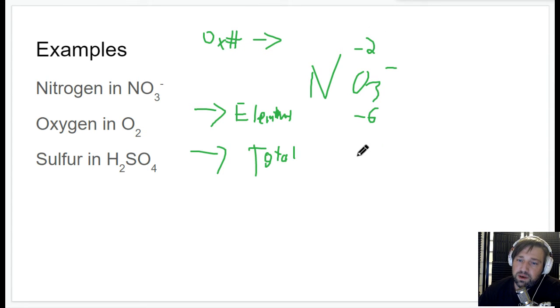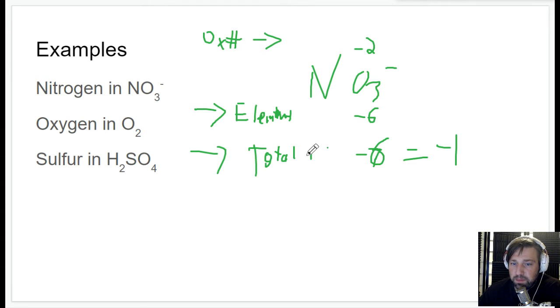Now, I'm going to have a total of -7 because we have a negative charge here. Oh, I'm sorry. Nope. We're going to have a total of -6, and this needs to equal out to -1. Because it's an ion, what does the total positive side have to be?